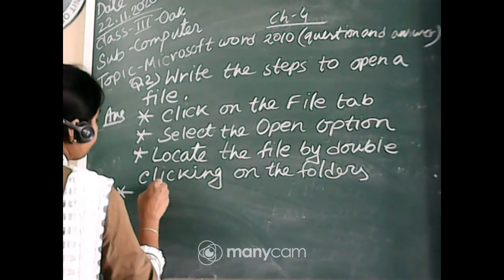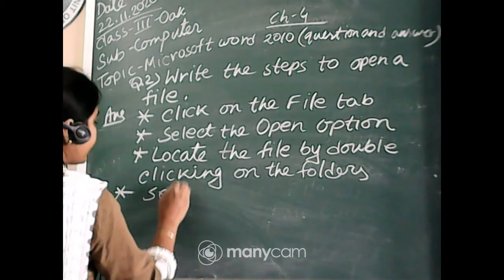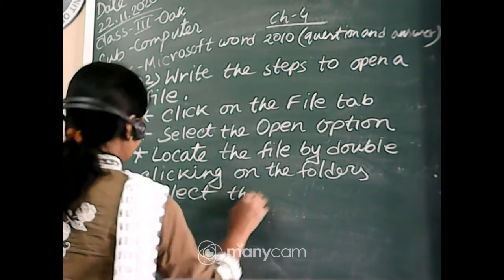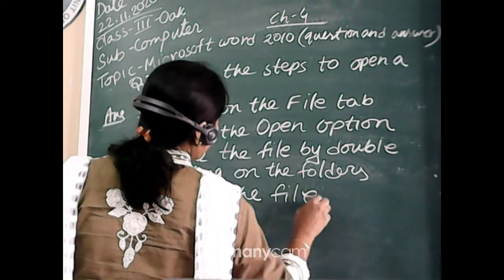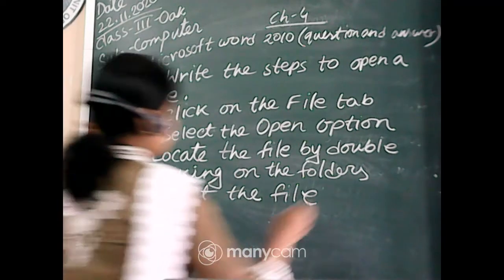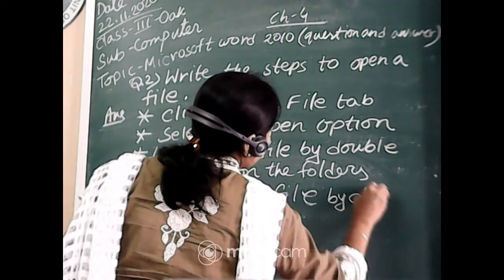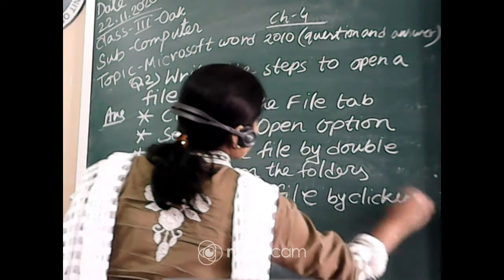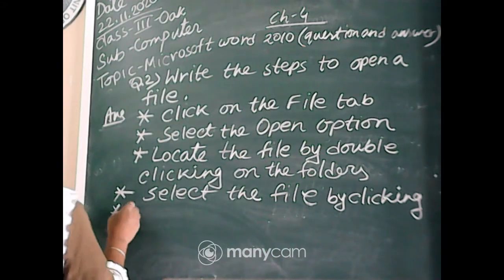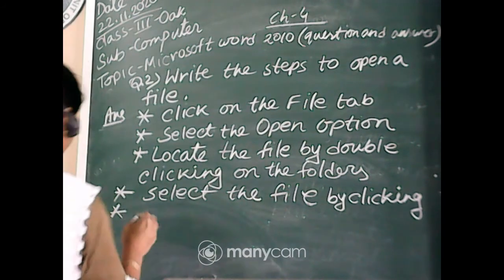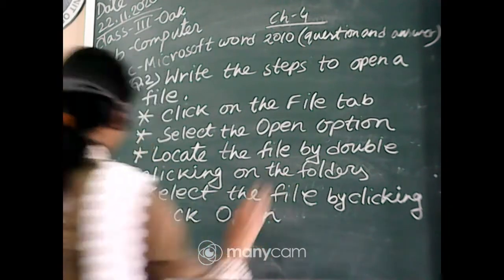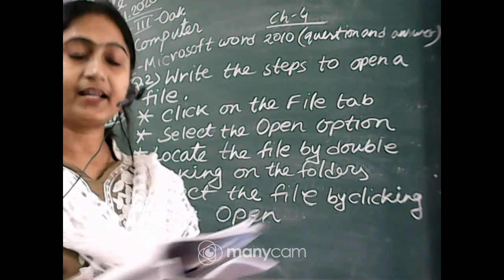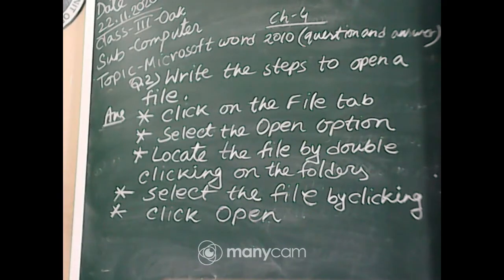Then select which file you want to open. Select the file by clicking. And then last step, click open. You can click the open option, or you can just double click on the file, or you can write just click open.